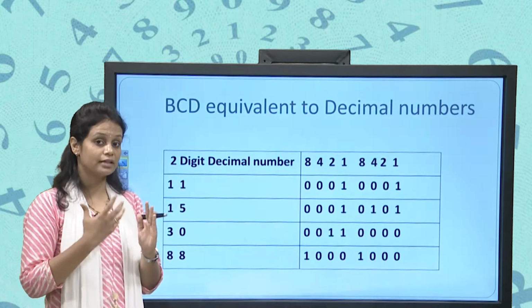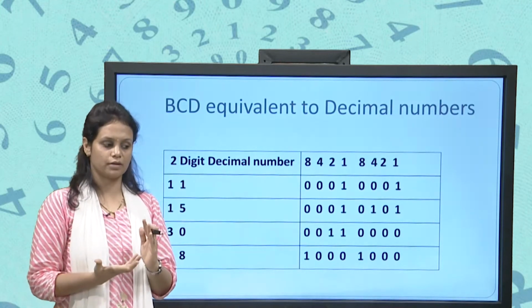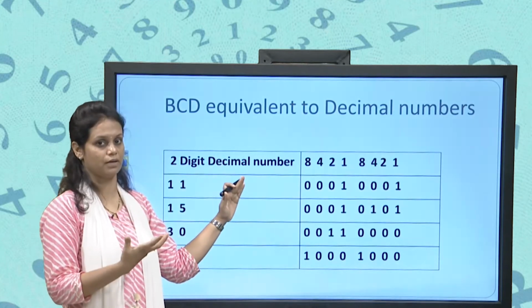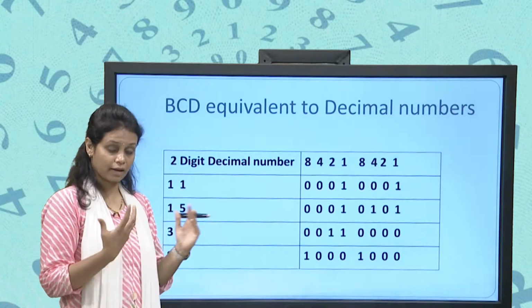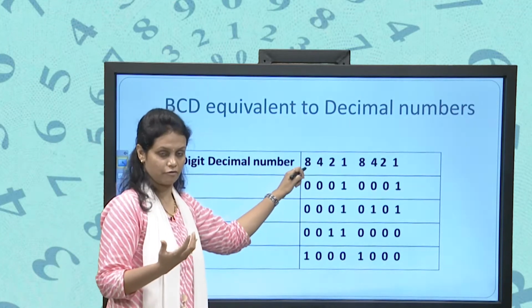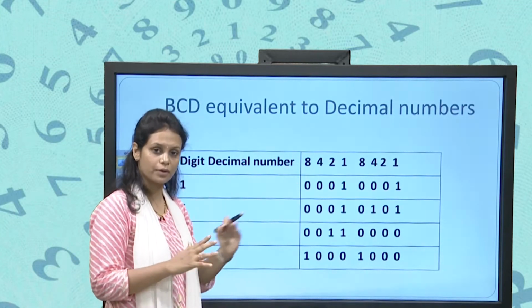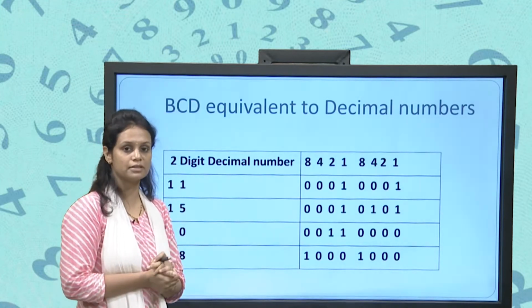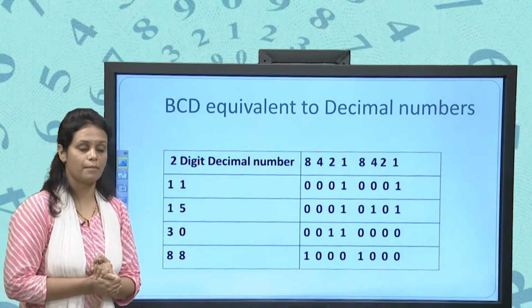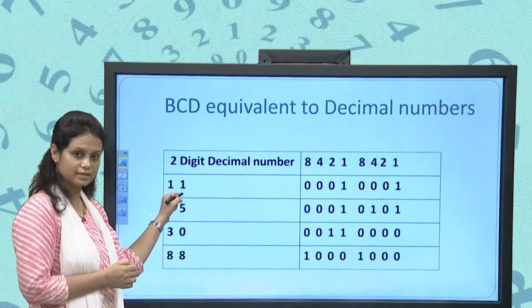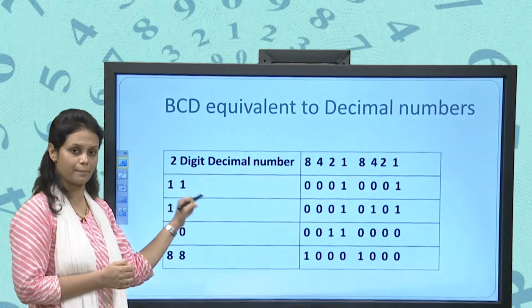Now what is the difference when we are converting a decimal number to binary coded decimal? We could represent this 11 using 4 bits, but this is binary coded decimal, so we will not do this, because the theory behind binary coded decimal is that each and every digit of the decimal is represented using 4 bits separately.